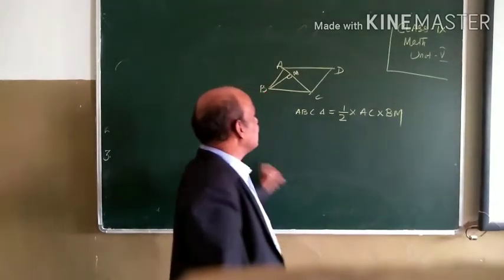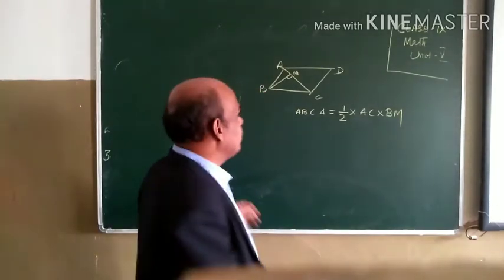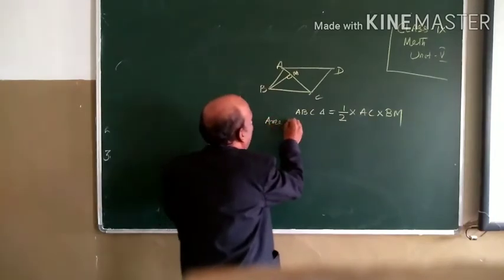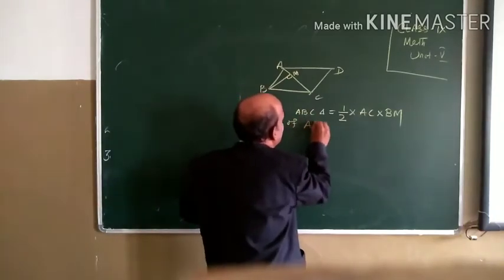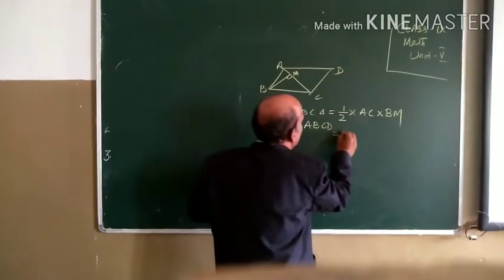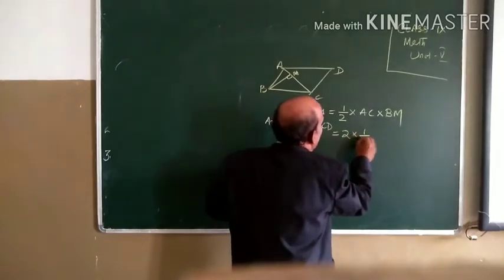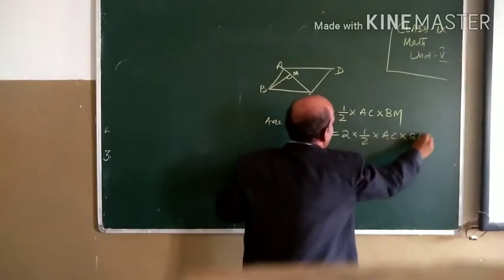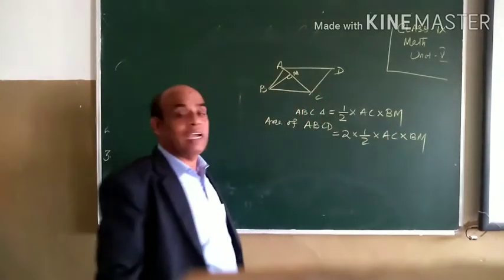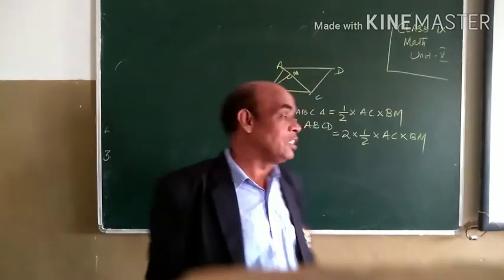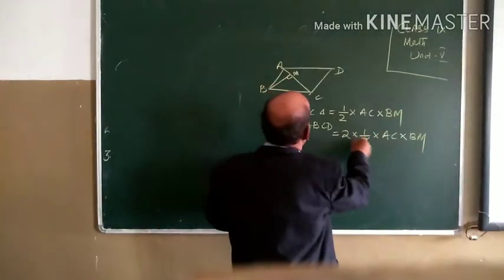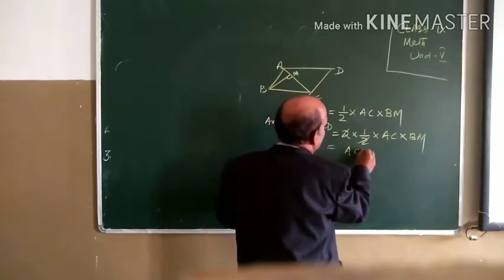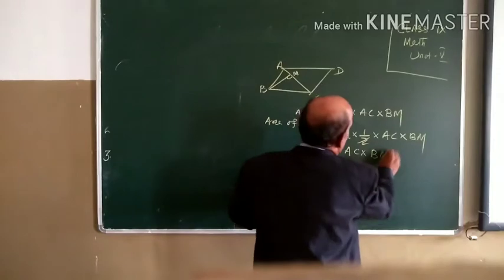So I can write the area of ABCD is equal to 2 into half into base into height. It means 2 into area of the triangle ABC. So 2 into half cancels, and I got AC into BM.